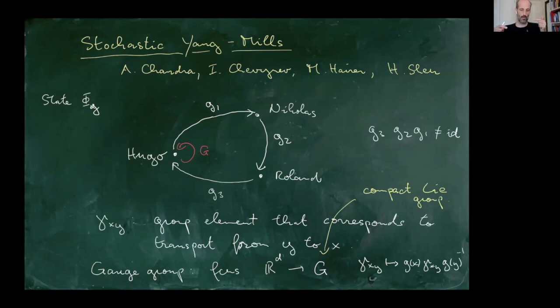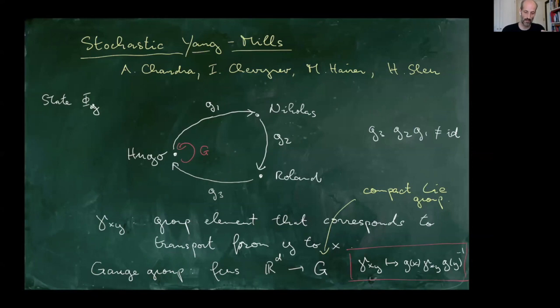And now what you want is that acting with the symmetry group at y and then transporting that state should be the same as first transporting the state and then acting with the symmetry group at x. Right? And so what this tells you is if you do the global action of the gauge group, your connection should transform in precisely this way so that nothing changes, right?